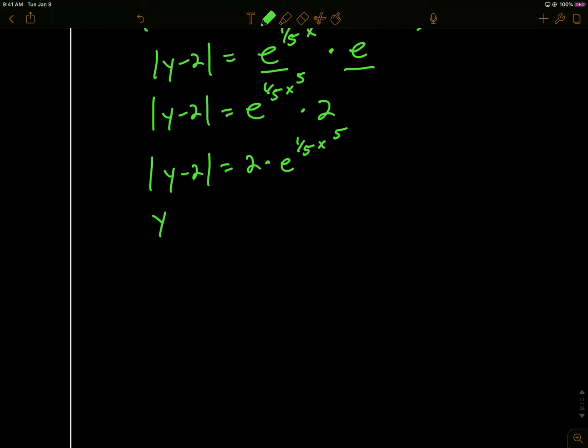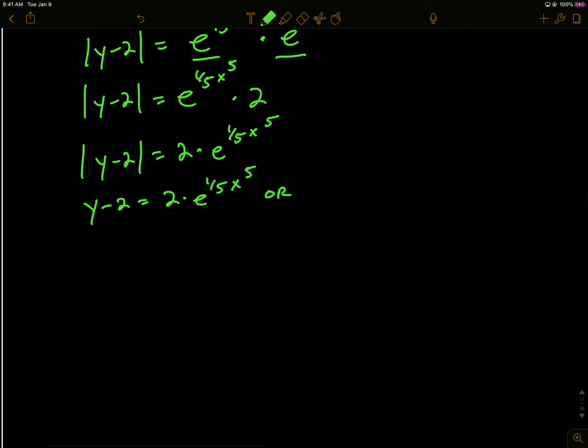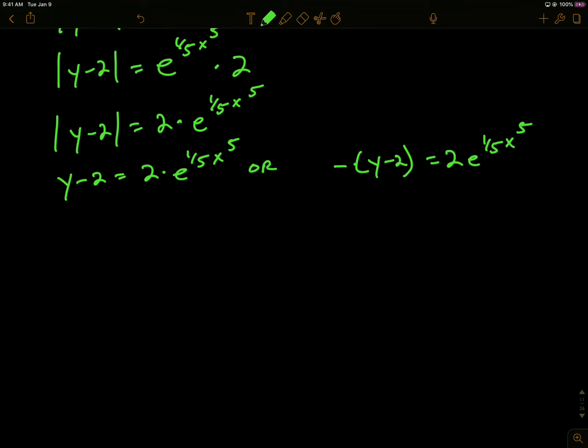We've got y minus 2 equals 2 times e to the 1/5 x to the 5th, or, we'll look at it this way, negative (y minus 2) equals 2 e to the 1/5 x to the 5th. So remember, absolute value means you have the positive or the negative version. You just got to keep it in parentheses. Here I don't need to show the positive parentheses part because it doesn't really do anything to it, right?